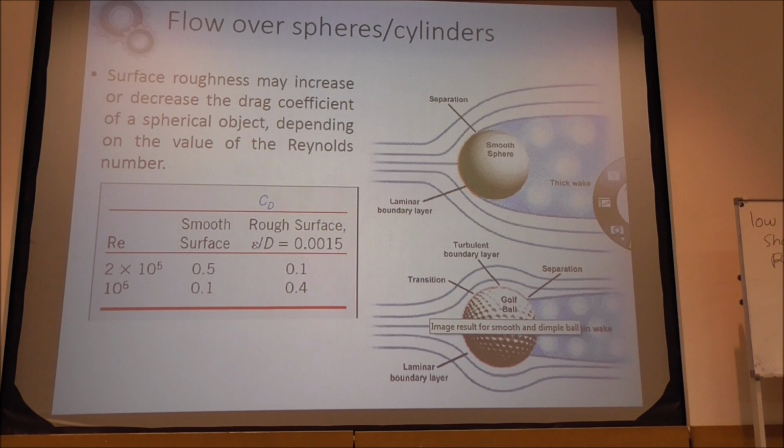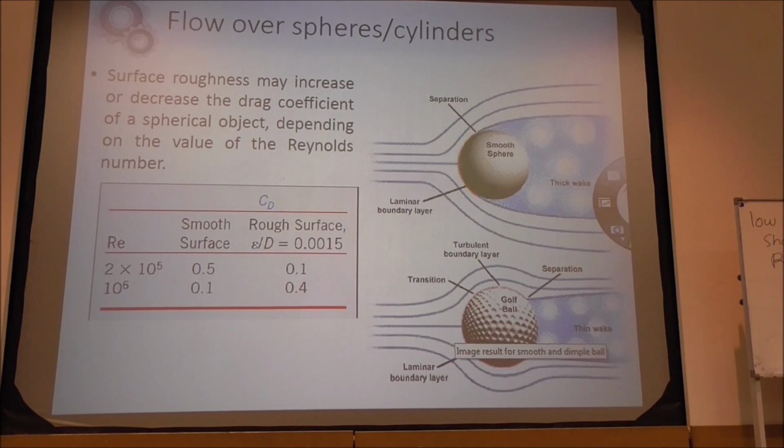Okay. So if you guys ever seen the Mythbusters, okay, in one of those episodes, Adam and Jamie actually wanted to prove whether if you put the dimple on your car, it will give you a better fuel consumption, right? And the result is no. Why? Because this dimple has to be designed such that it gives you a low drag coefficient at the velocity where this golf ball is working.